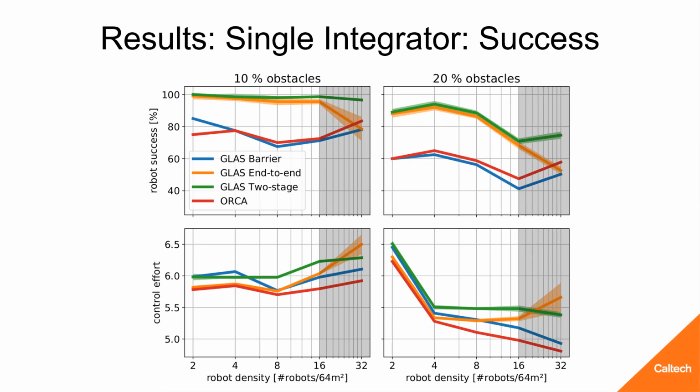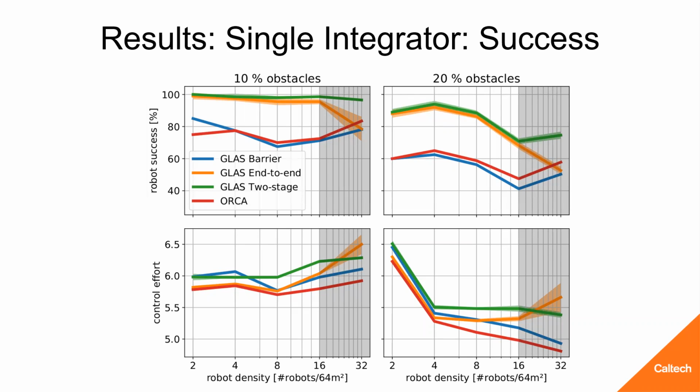The barriers, both our own design barrier and Orca, which is kind of a barrier but using a different mathematical formulation, also perform similarly, but much worse compared to the learned solution. Similar results for the 20% obstacle case, although it's much more difficult to do planning in this case.